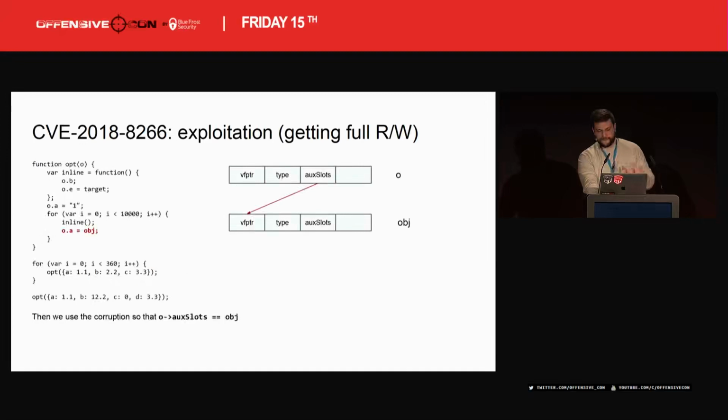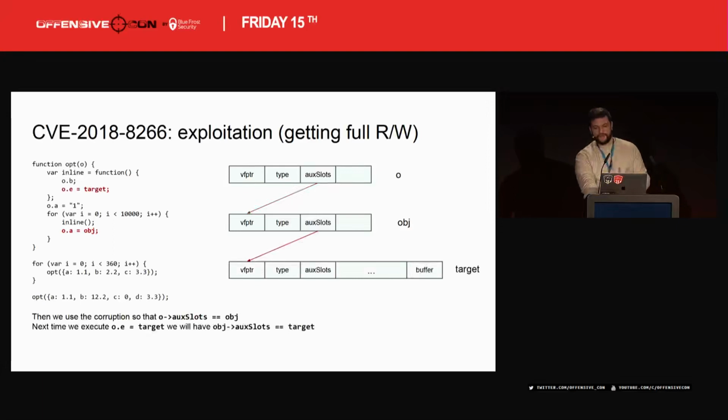And now basically I use my buggy function. And here we can see 2 things that have changed. Instead of setting a to x414141, I set it to obj, the global object. What that does is that creates the memory layout that you have on the right, where you have the local object O, whose oxlots pointer now points inside our global object.